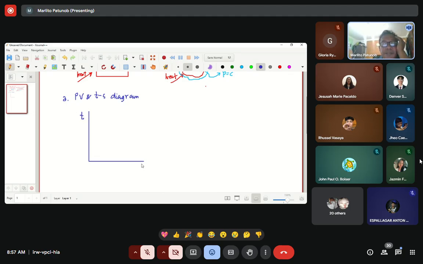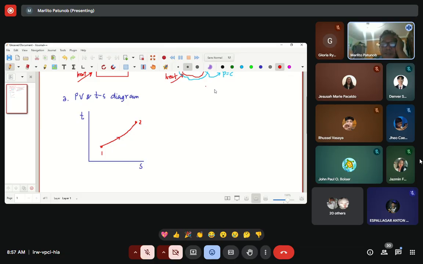Okay, this is the TS diagram. It's something like this. Somehow the same curve as the constant volume, no? So here, this is from process 1 to 2. Take note, the process is reversible, so it can go from 2 to 1 also.